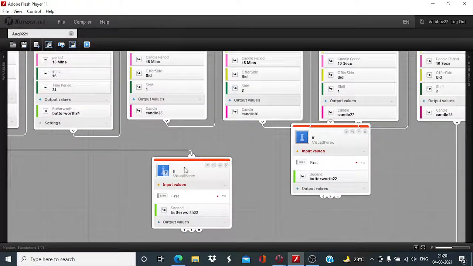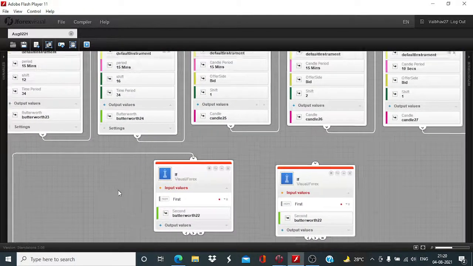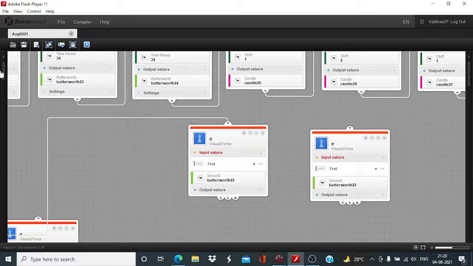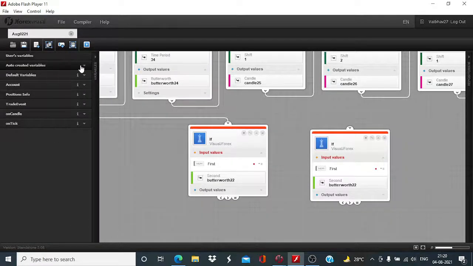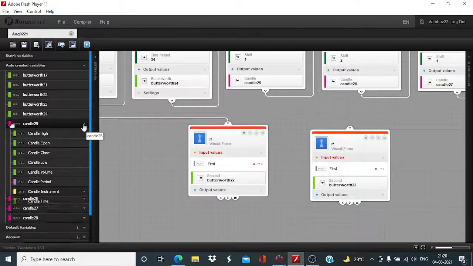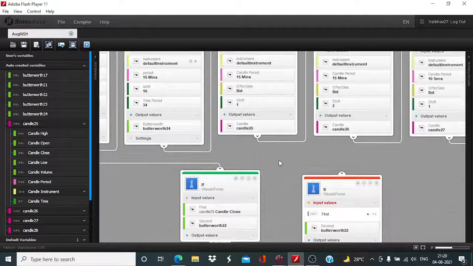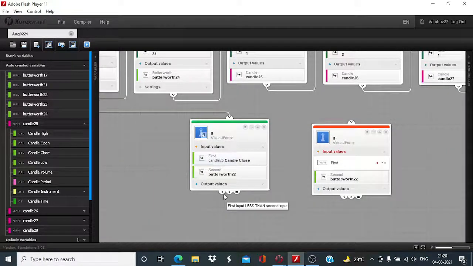which is going to be compared with the closing values of the last 15-minute candle and the penultimate 15-minute candle. So we need to compare the closing values of candle 25 and candle 26. It should be lower, first input less than second input.